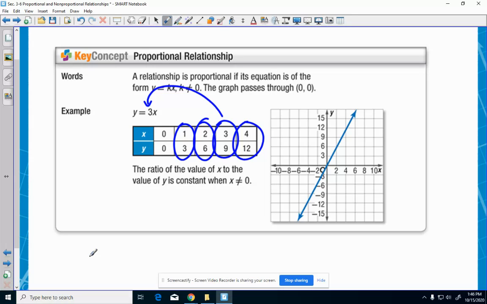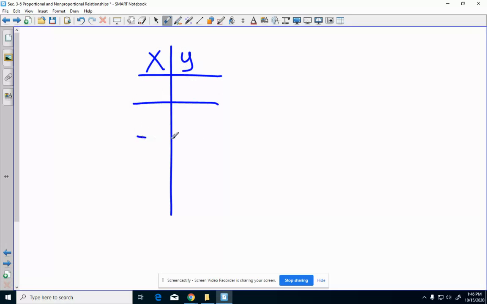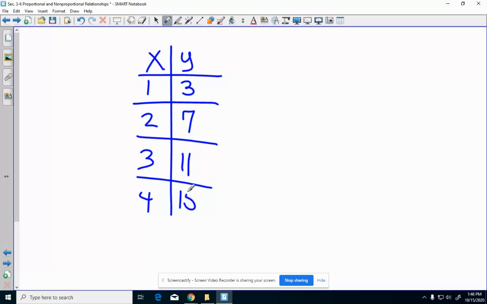And hopefully this helps. If I took this table of values, and let's say we just said 1, 2, 3, 4, and over here we used, I don't know, 3, 7, 11, and 15, let's say. Is that linear? How do you know?